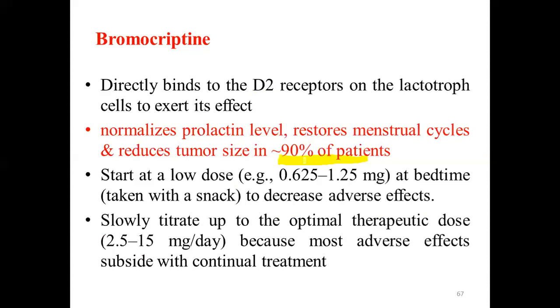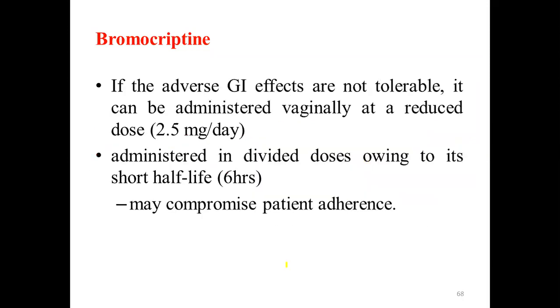Because of the side effect profile, a low dose is mostly recommended, in the range of 0.625 to 1.5 mg at bedtime. You titrate slowly up to the maximum dose, because with continued treatment most of the side effects subside by themselves.